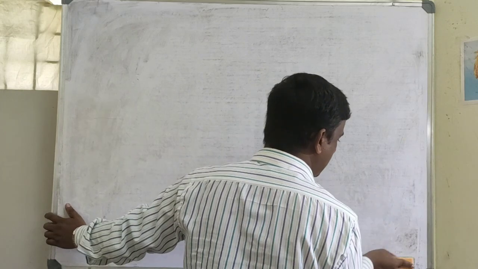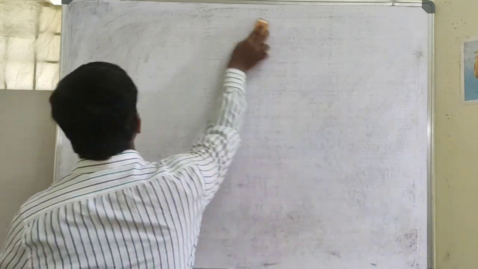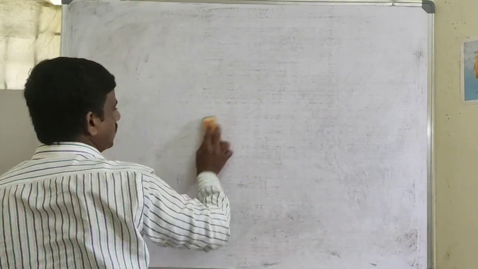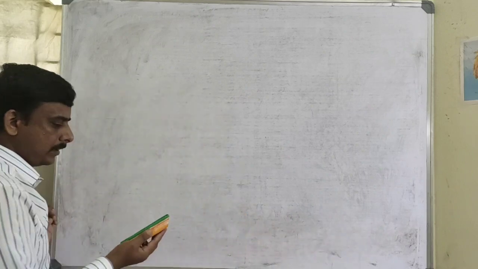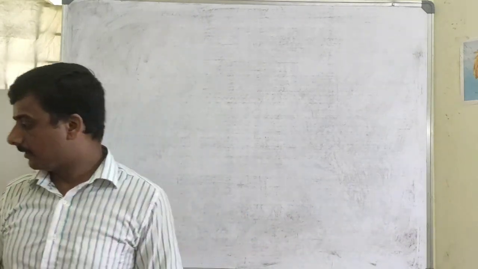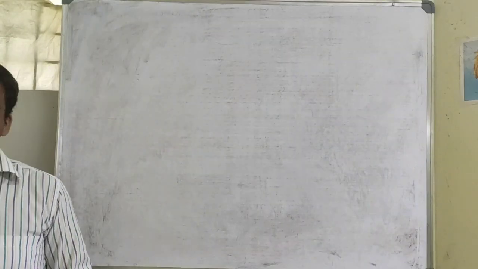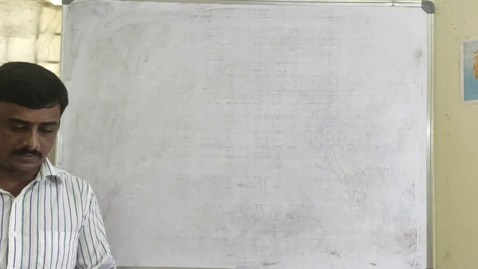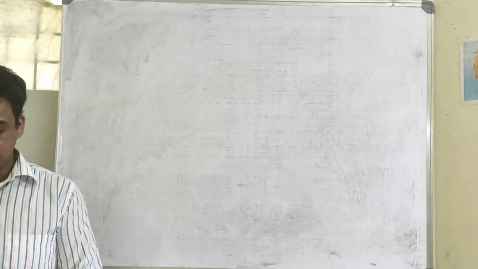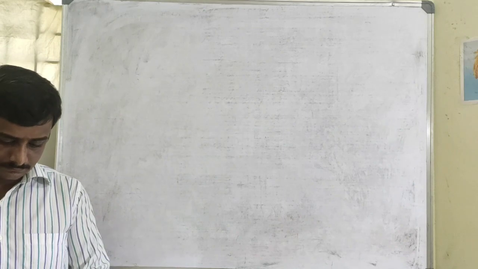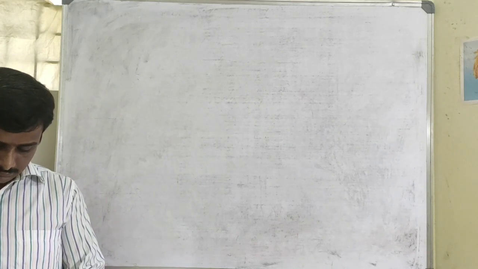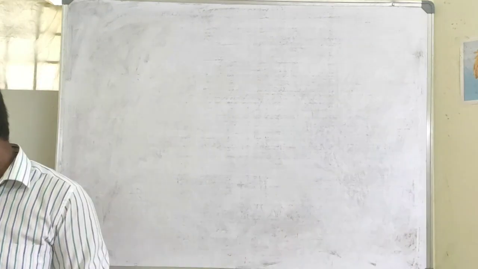So these are the three types that we have included in our syllabus. The next concept is how to solve initial value problems. There is a small chapter related to initial value problems. So let us solve two problems on that.